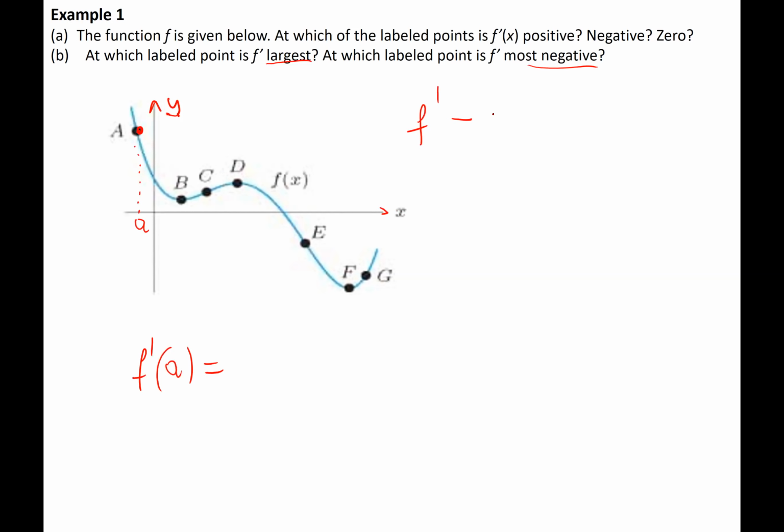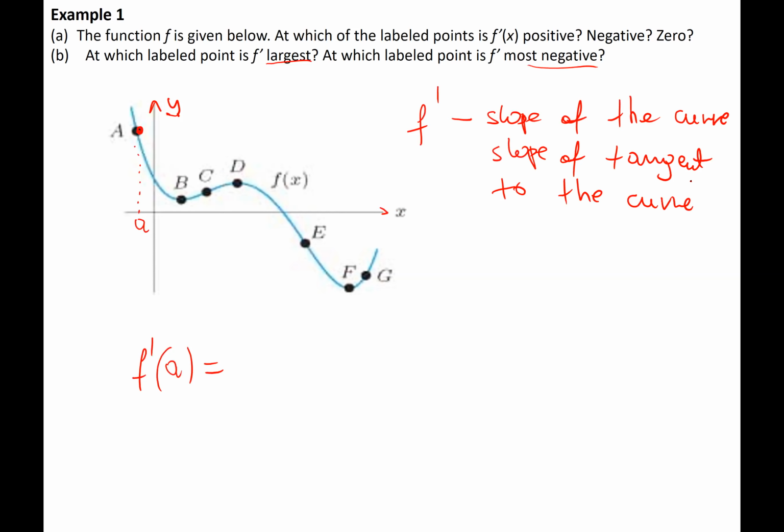Derivative represents the slope of the curve, or slope of the tangent line. Maybe I can write slope of tangent to the curve, of course, at the given point, let's say at A. Please remember, derivative graphically represents the slope.